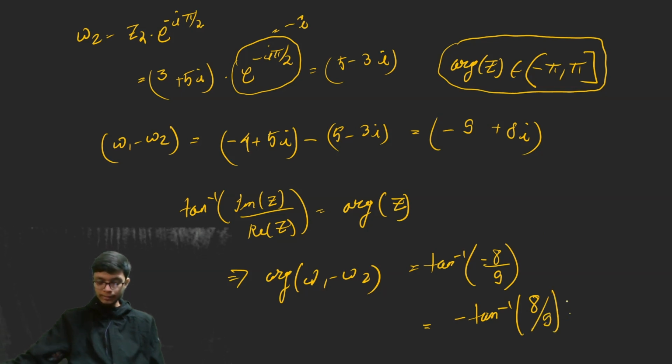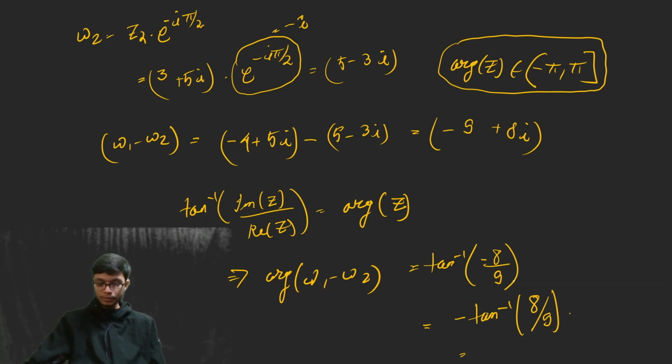But minus tan inverse of 8 by 9 doesn't come in this particular range, so for making it come in this range I will add pi. This value, tan inverse of minus 8 by 9, actually comes in the third quadrant.